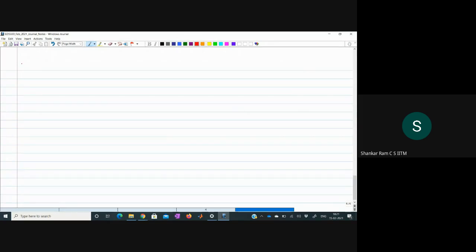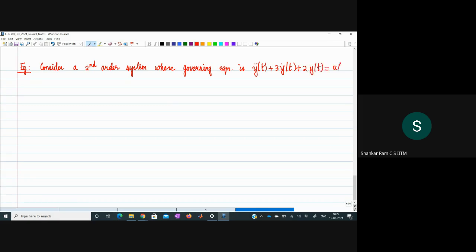Let us consider a second order system whose governing equation is y double dot t plus 3 times y dot t plus 2 times y of t is equal to u of t.